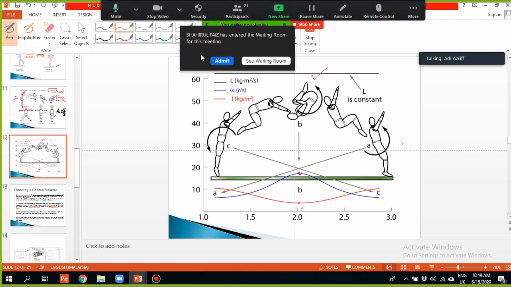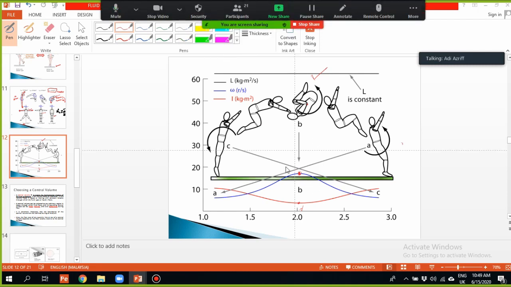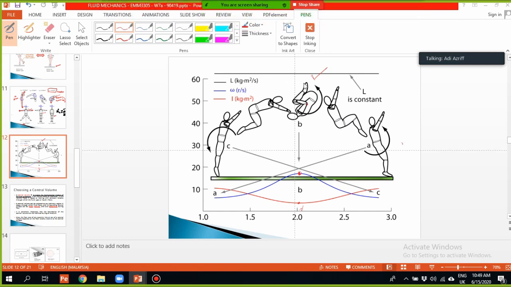This is the lowest point, which produces the highest rotation, omega, angular velocity. So this shows that when we keep L constant, as we know that L or M equals I dω/dt, and we remain this as a constant, you can see the relationship of I and omega like this.